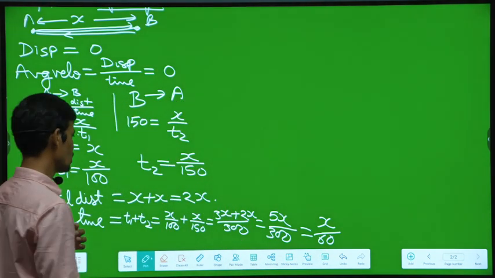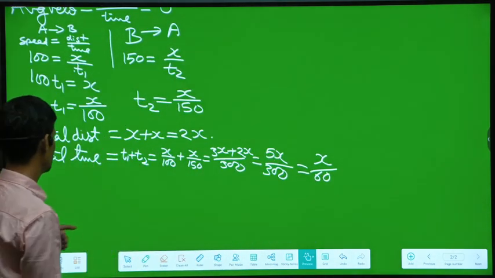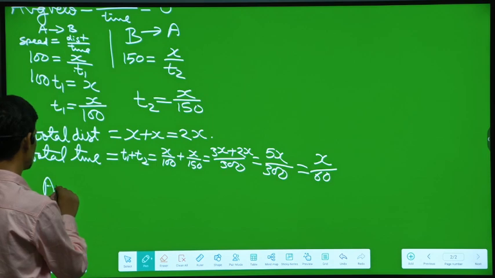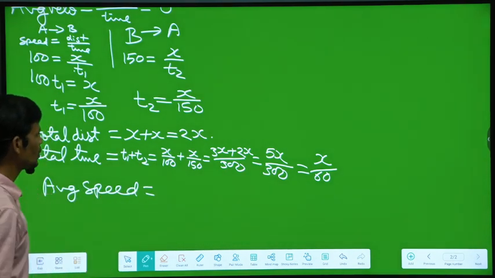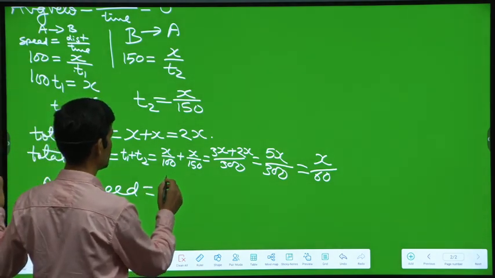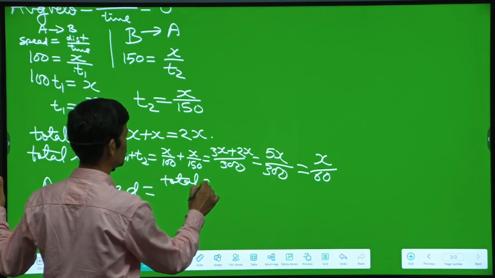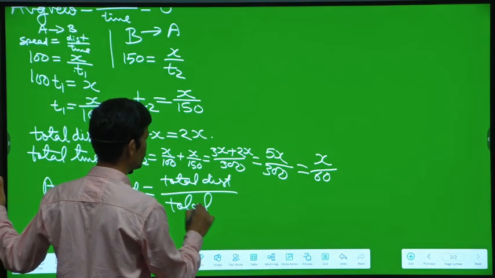All right, still the job is not done. Now average speed is equal to total distance by total time.